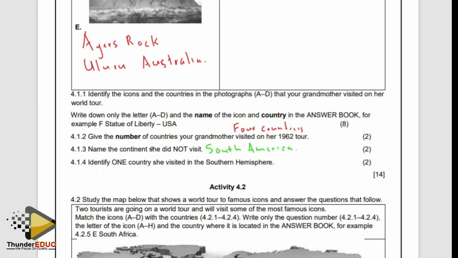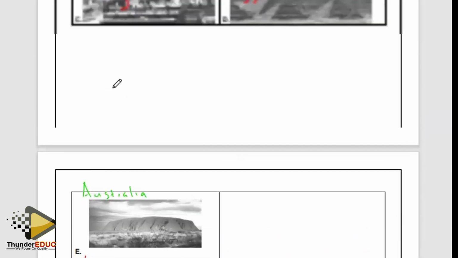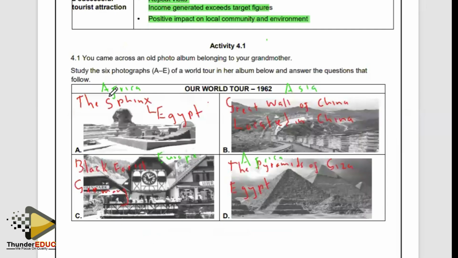Then the next question reads, identify 1 country she visited in the Southern Hemisphere. So if you look at these different countries, they are in different parts of the world. If you look at the Egyptian Sphinx, it is located in the Northern Hemisphere. The Great Wall of China in the Northern Hemisphere.